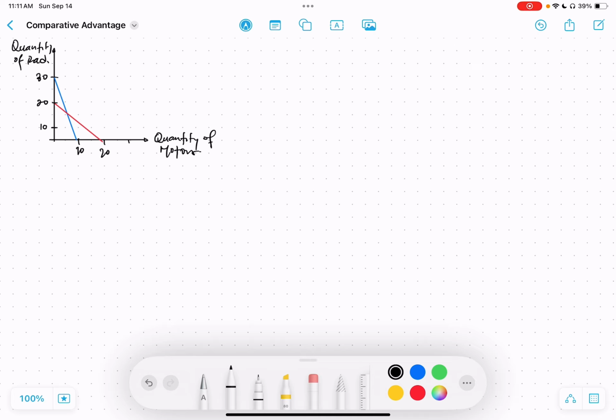10, 20, 30. Okay, so in this economy, we're going to have two producers. We're going to have Monica, we're going to have Craig. And they can produce a maximum number of radiators or a maximum number of motors, or any combination in between.